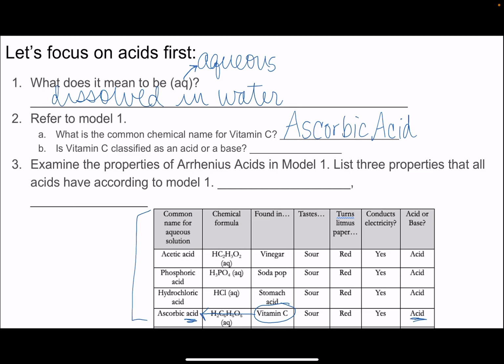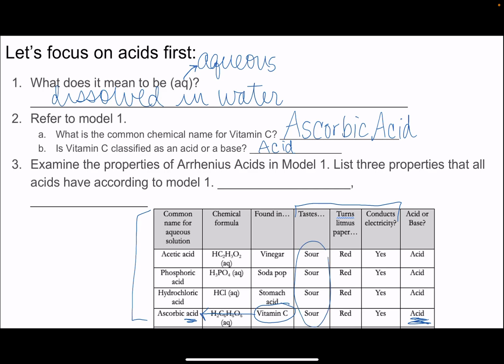Now, is vitamin C classified as an acid or base? We would see it's not only in its common name for an aqueous solution, but we can look at the final column too. Now it says examine the properties, so those are right here, and list 3 properties that all acids have according to Model 1.